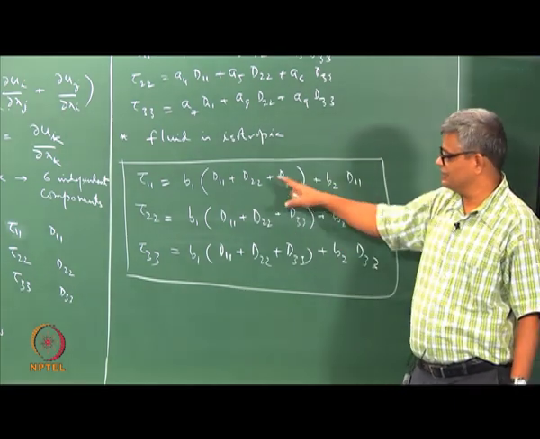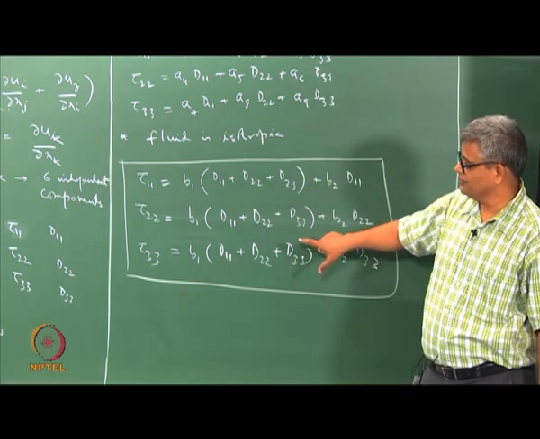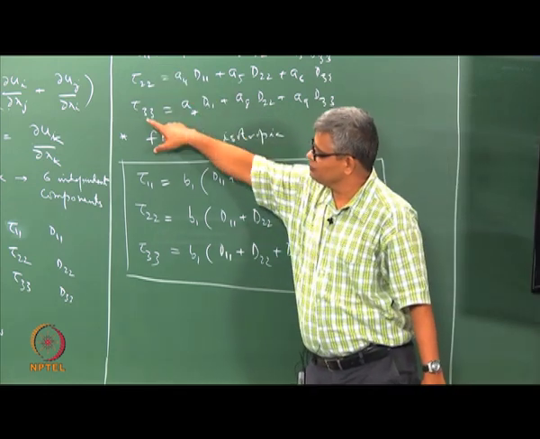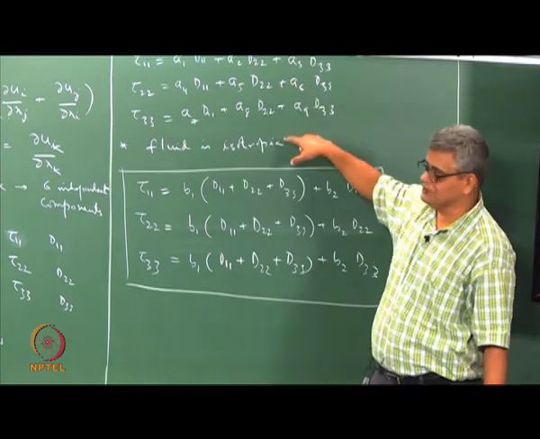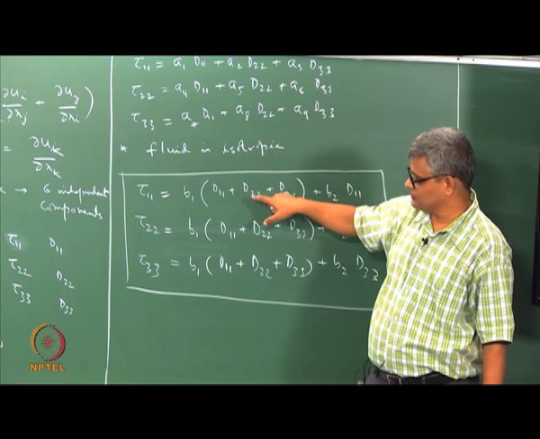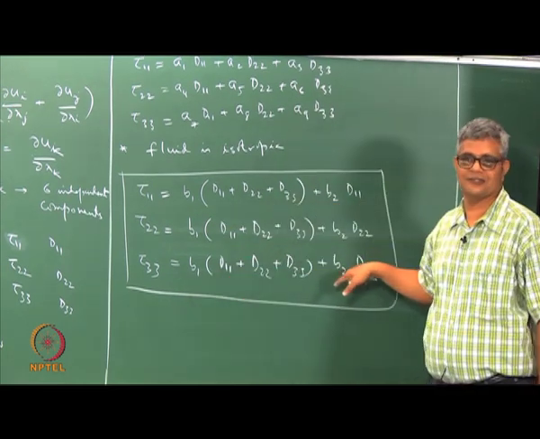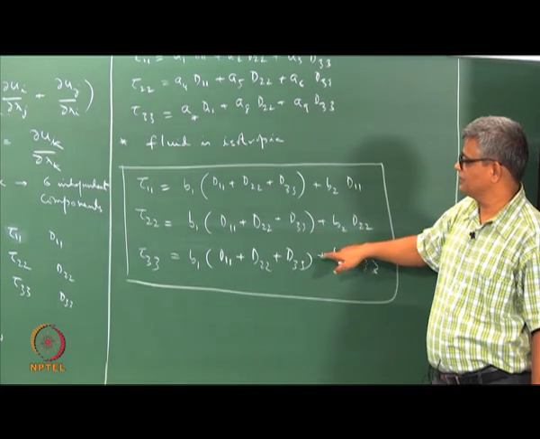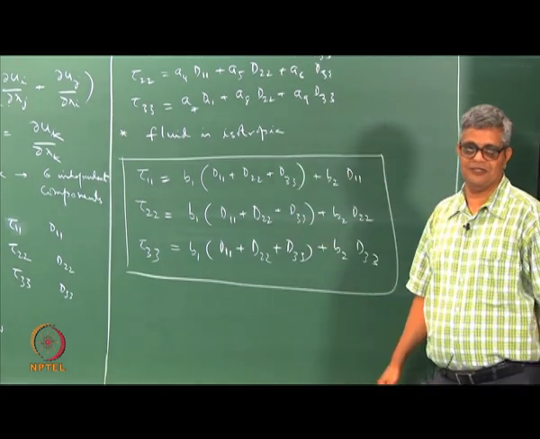So this is a relation between the same 3 components on the left hand side and the same 3 components on the right hand side, written with only 2 independent constants, and this kind of relation is applicable for an isotropic medium.